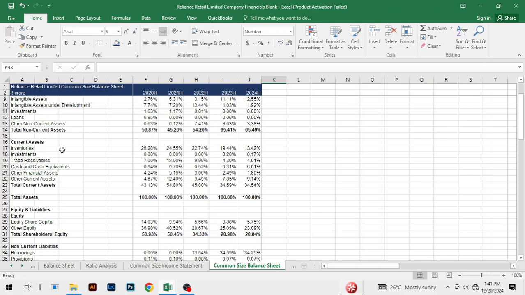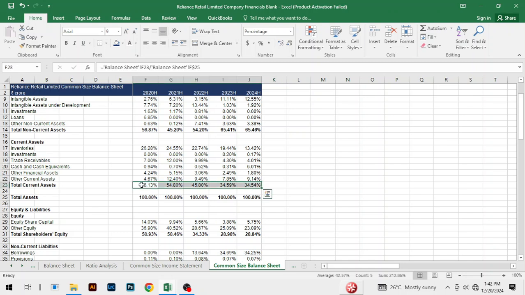Here you can see inventories have been on a decline, right? Have been declining here, you can see. And investments and trade receivables have also been declining, which is a good sign as well, because when we did the trade receivables collection period, the company is now taking about 7 days to collect money from its credit customers.